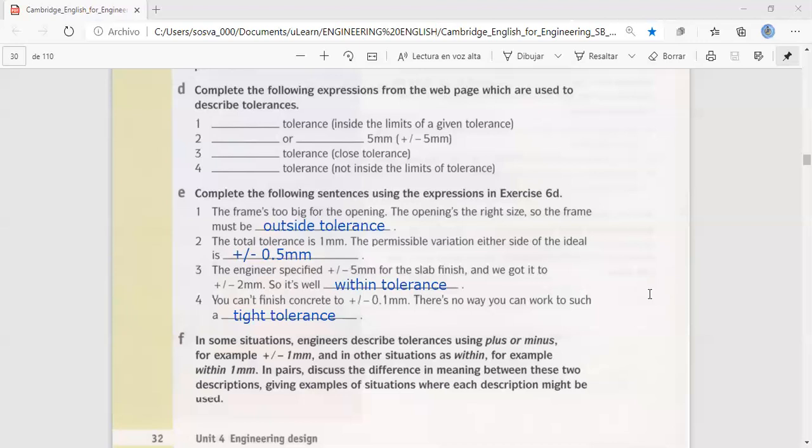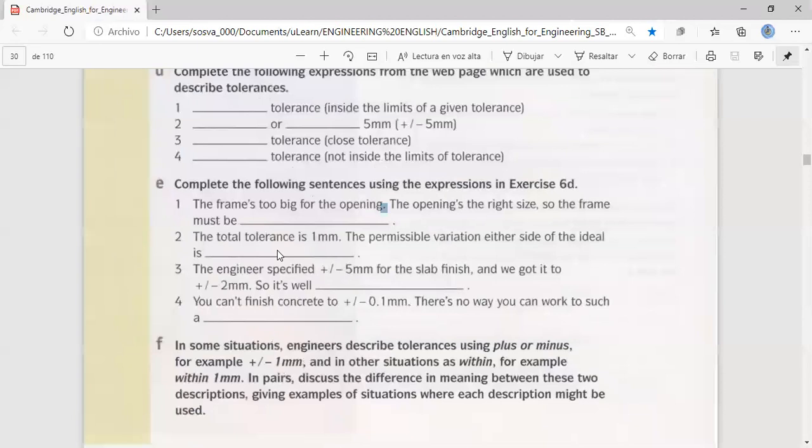Okay, then letter F, this one would be homework. Let me just zoom in.